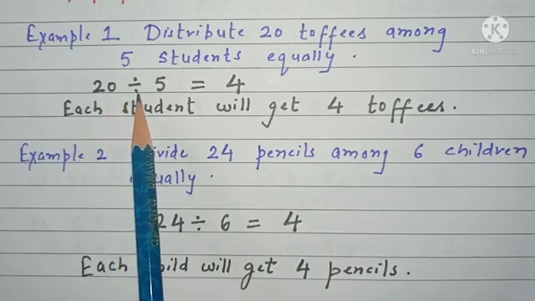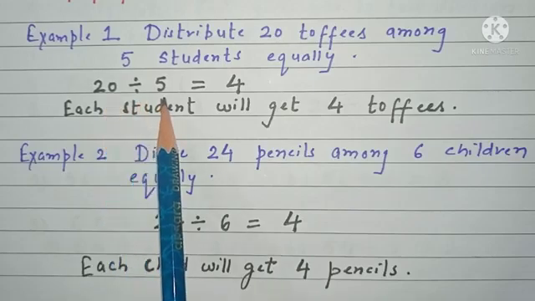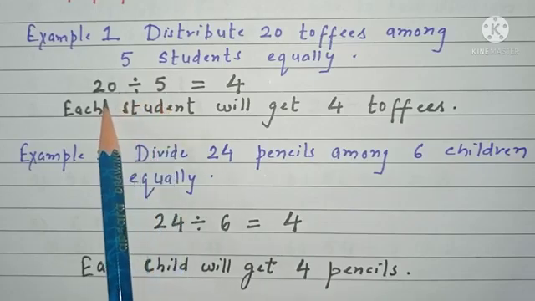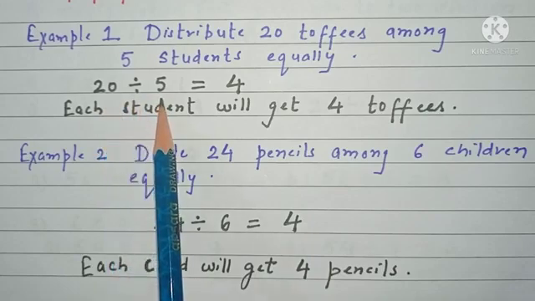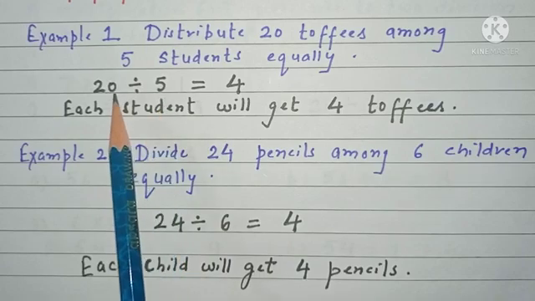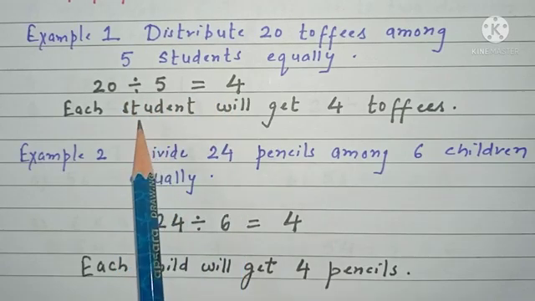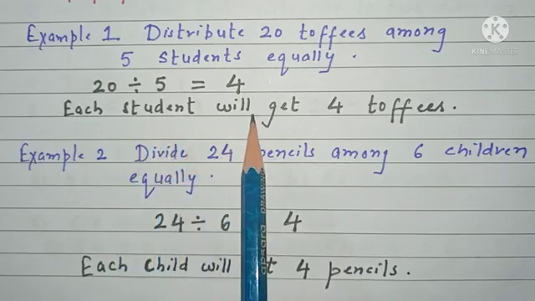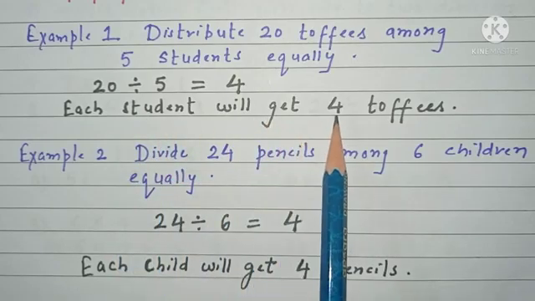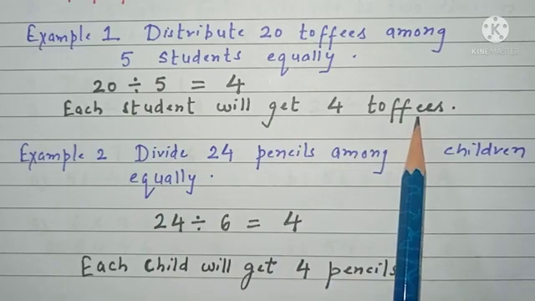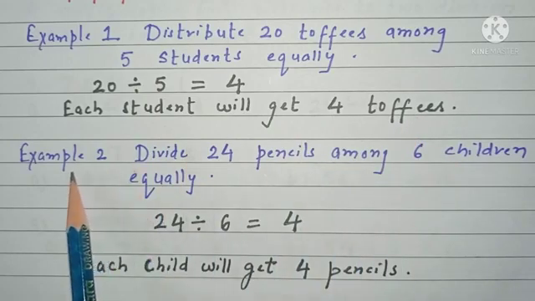So 20 divided by 5. What we have to do? We will look for 20 in the table of 5, and we know that 5 fours is 20. So 20 divided by 5 gives us 4, which means each student will get how many toffees? 4 toffees.